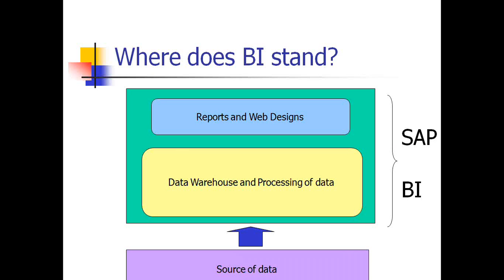Then the data comes to your BW system. As I said, when we bring data from the source system, we need to transform the data, because the data which you will be getting from the source system, you need to clean it, you need to remove the duplicate data, and then you need to present your data. So we build a report using a tool, which we'll see when designing reports.